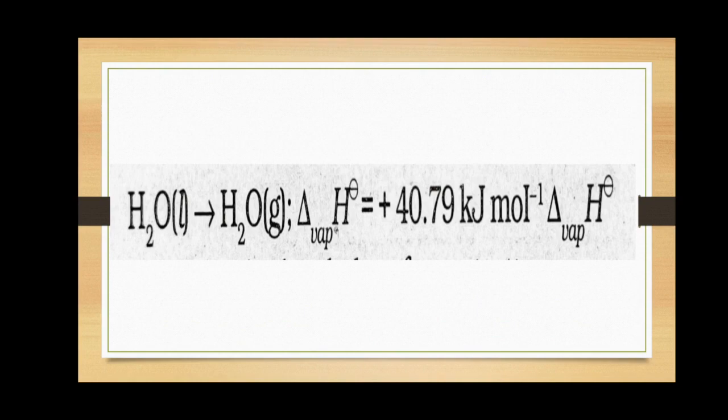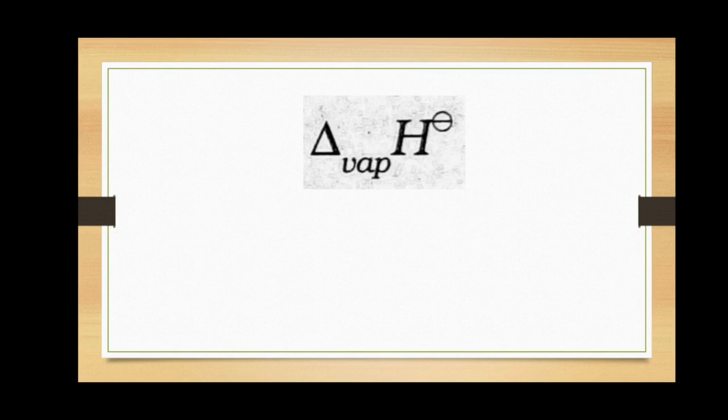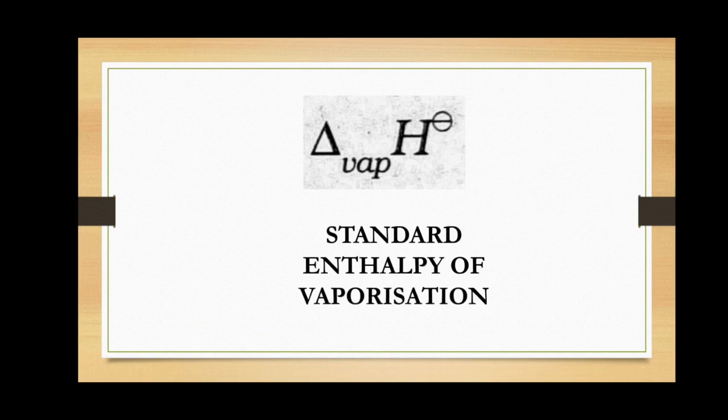The enthalpy change accompanying that reaction is given as delta H vaporization with the standard state, and that is 40.79 kilojoules per mole. This symbol, delta H with the superscript and vaporization, is called the standard enthalpy of vaporization.